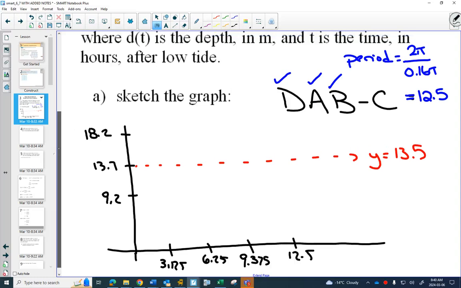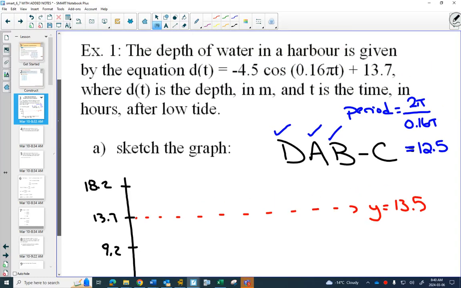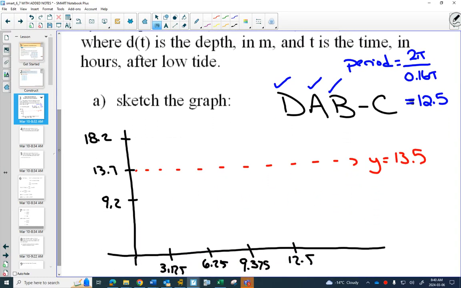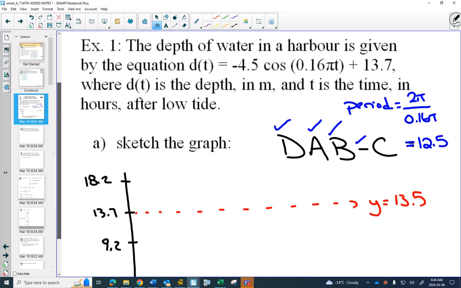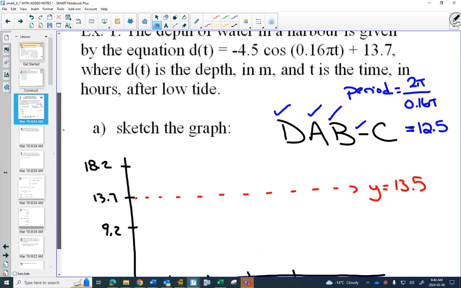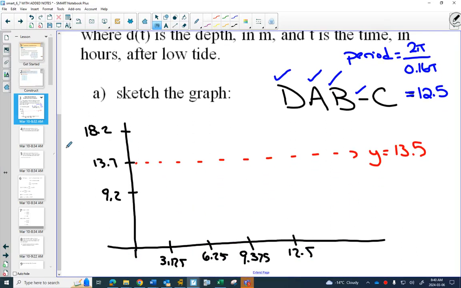Then the dash says graph it before the shift, but notice this one doesn't have a shift at all. So technically we don't have to do the dash in this situation because when we draw the graph, we're going to be done because there's no shift. So this is a negative cos graph. A cos graph normally starts at a maximum.